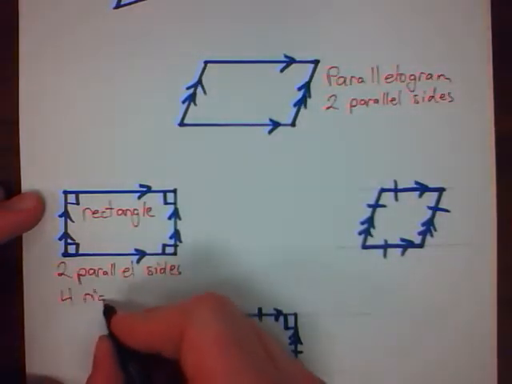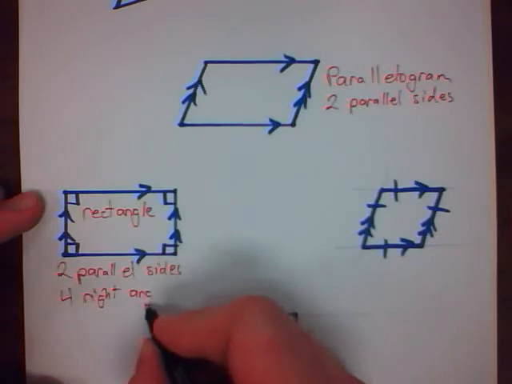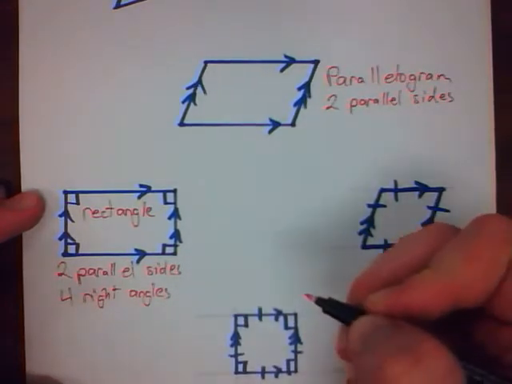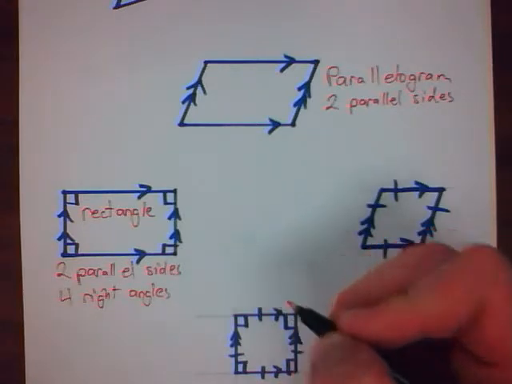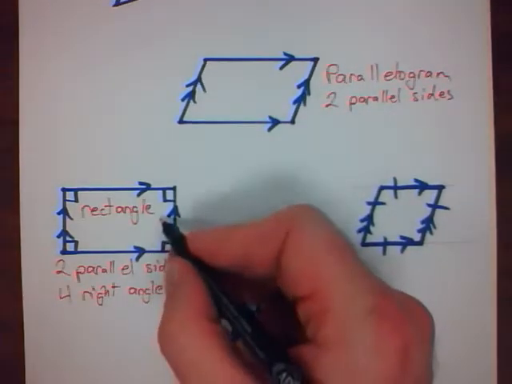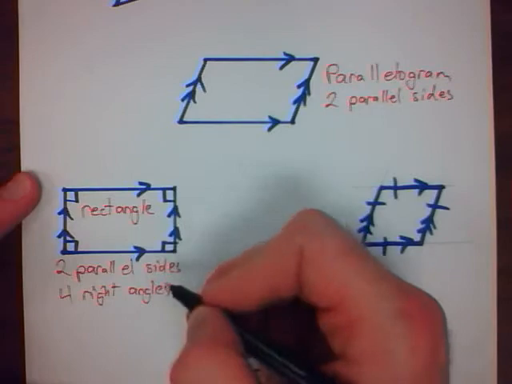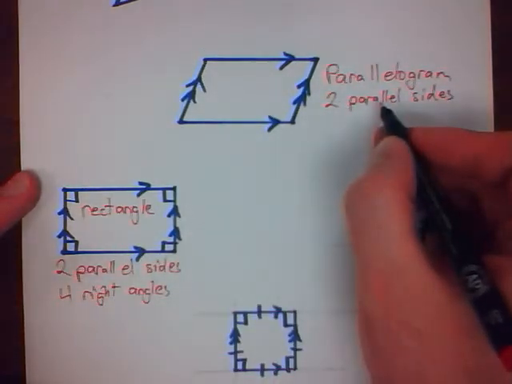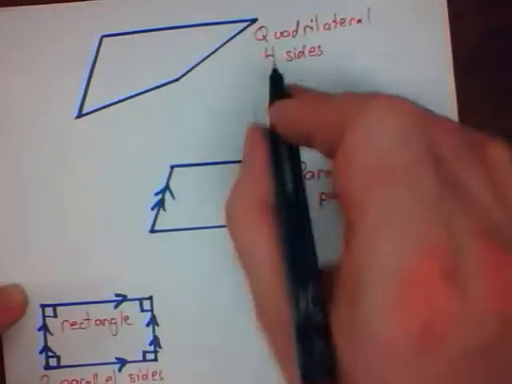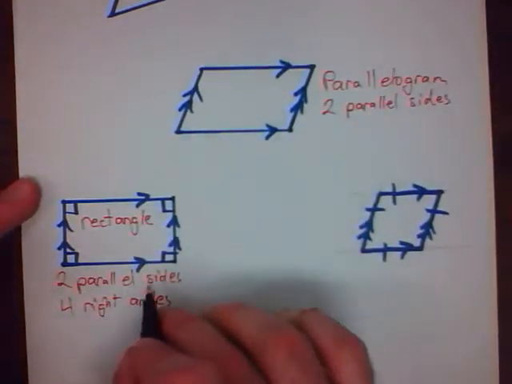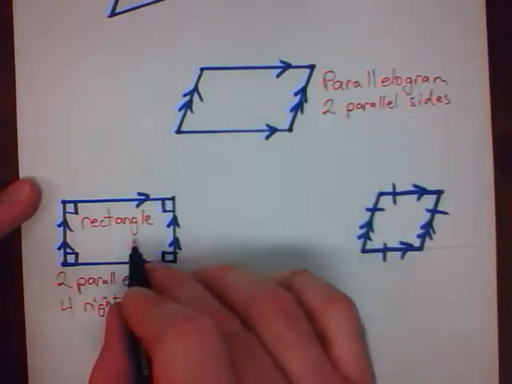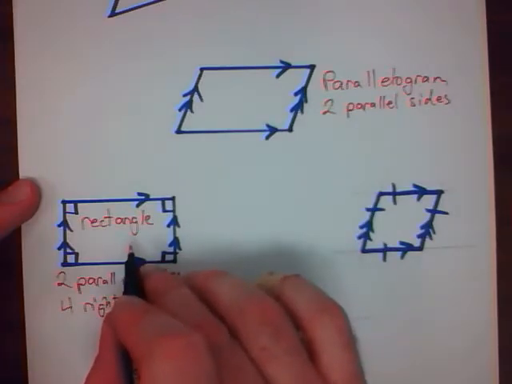Four right angles. So, it's a parallelogram because it has two parallel sides. It is also a quadrilateral because it has four sides, but it's specifically a rectangle because it has four right angles. You could call this a parallelogram, you can call this a quadrilateral, you can call it a rectangle.